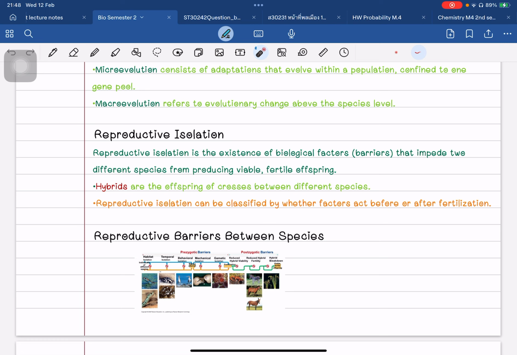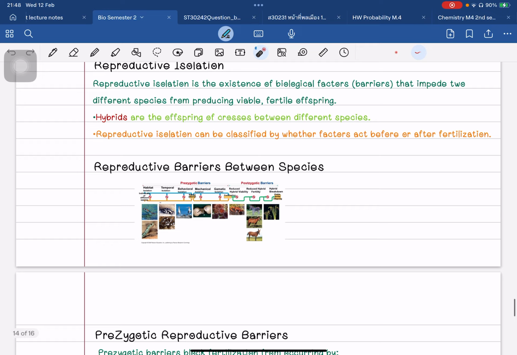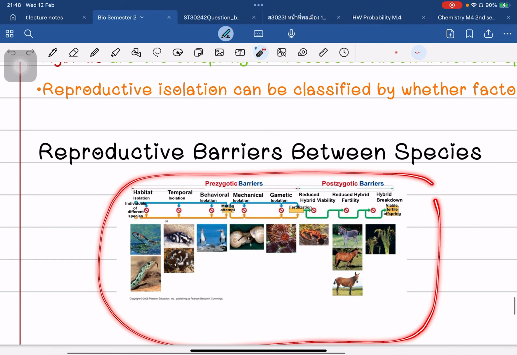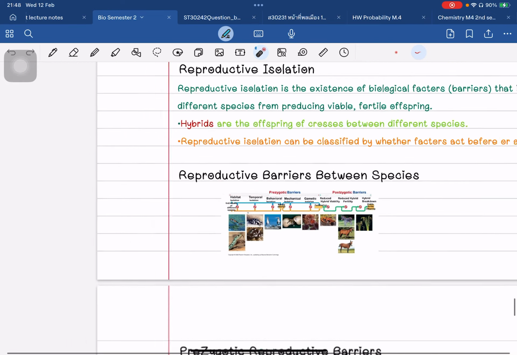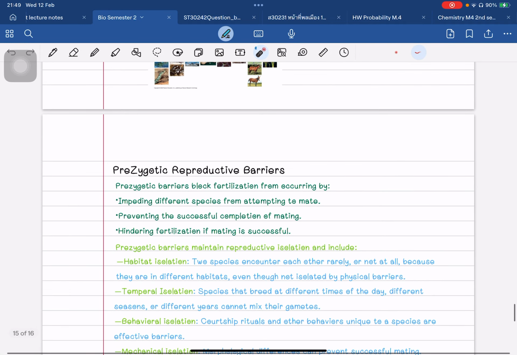Let's know about the word. Hybrids are the offspring of a cross between 2 different species. Reproductive isolation can be classified by whether factors act before or after fertilization. So all of these are the reproductive barriers between the species.